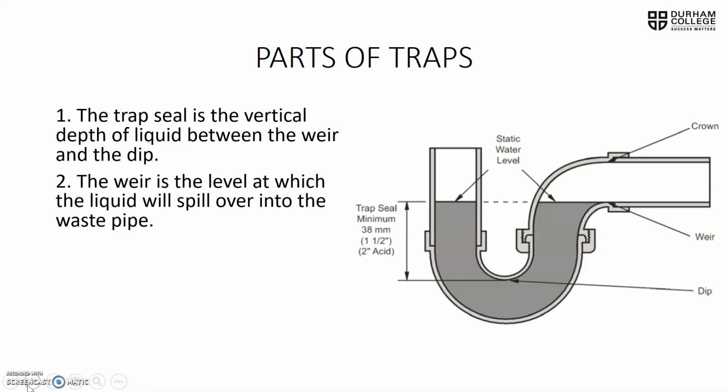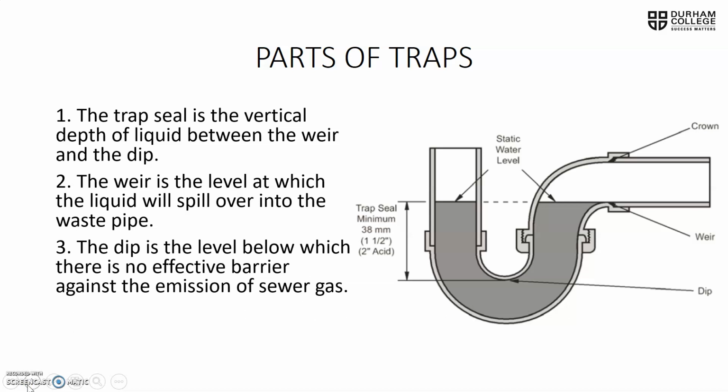This is also a vital spot because sometimes if items such as hair are lying over the weir into the trap arm, while being dipped into the trap seal itself, it could allow the water to work its way up through the hair into the trap arm and drain down, making the trap seal smaller, and then eventually allowing gases from the sewer to make their way in.